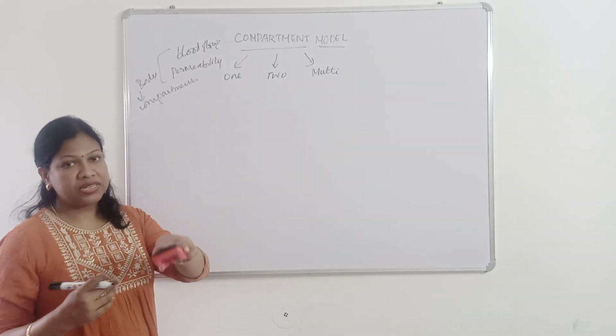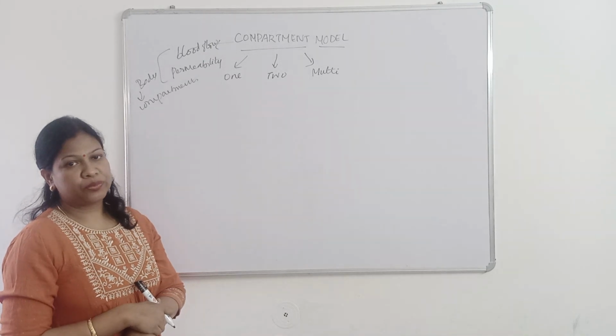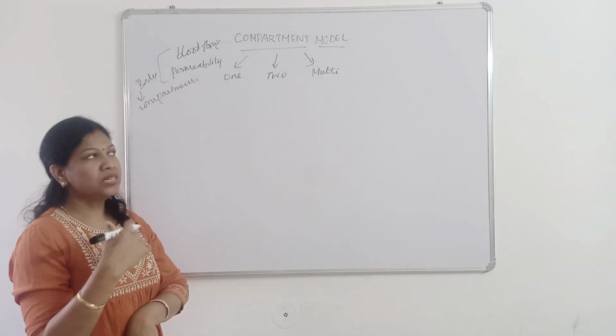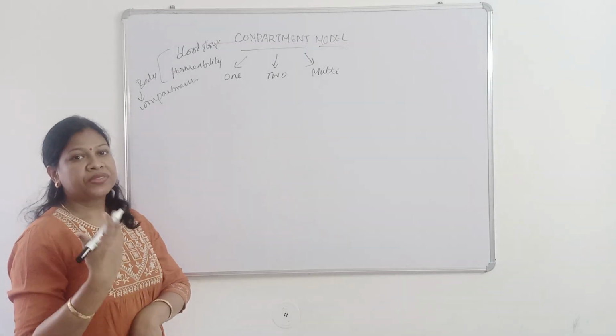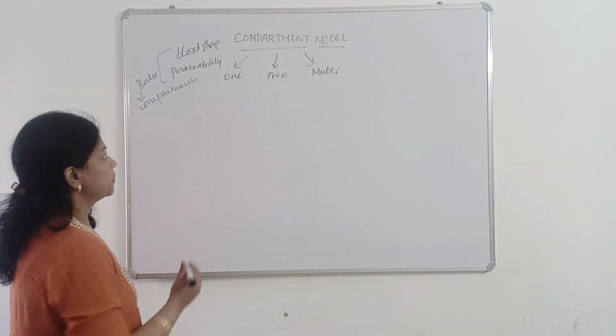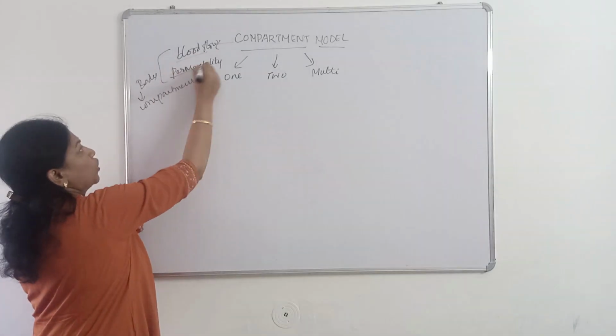If the distribution takes place in three steps, then that is the three compartment model. So depending upon how the drugs are distributed in the body, the compartment models are divided into different types. I already said you have to consider both these points.